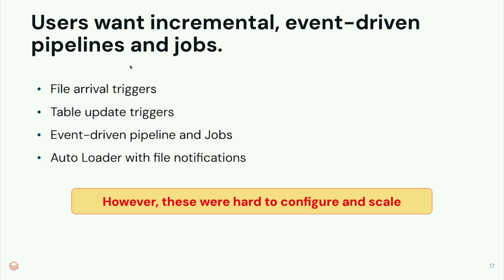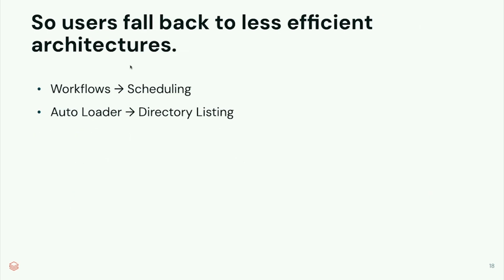So to address that, what our users ended up doing is using less efficient approaches. For example, in the case of the workflow, they just use a schedule to periodically run the job instead of an event-driven trigger. And for Autoloader, they ended up using directory listing to discover new files in the cloud storage.